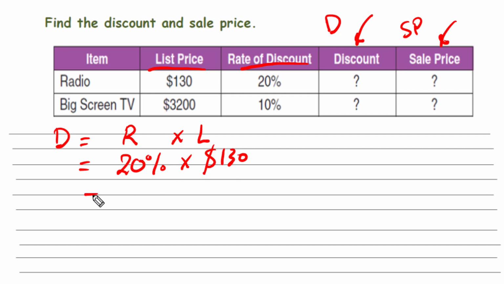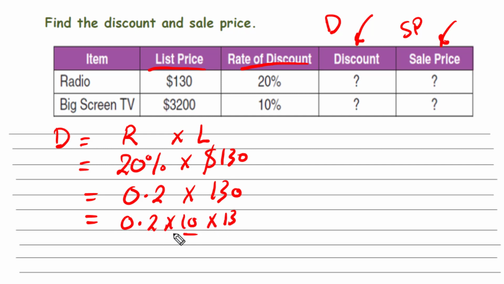Now, to find the value of the discount, we can write 20% as a decimal, 0.2, as we studied before, times 130. To make it easier, we can write 130 as 10 times 13. Now 0.2 times 10 is equal to 2. 2 times 13 is equal to $26.